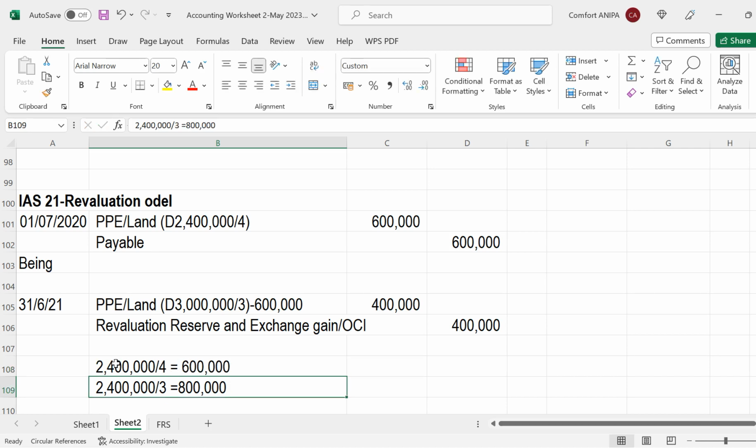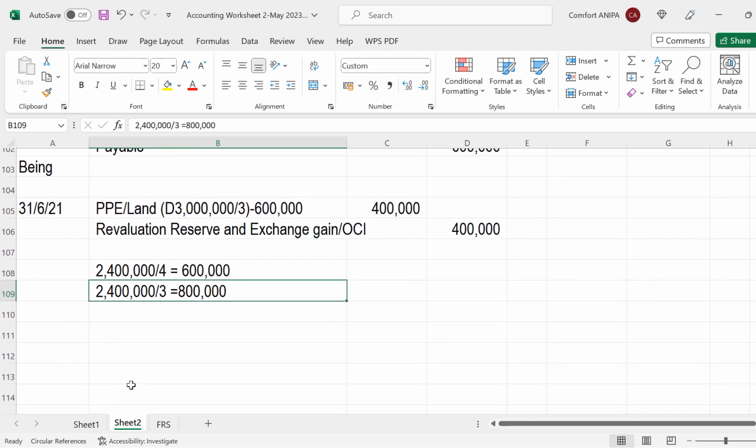So this is the initial 2.4 million. This is the fair value date rate, because now the asset is 3 million. That 3 million is made up of the original 2.4 and the increase. So the increase in the value of the land is actually 600,000 dinars, because the initial cost is 2.4 million dinars, which is now 3 million.